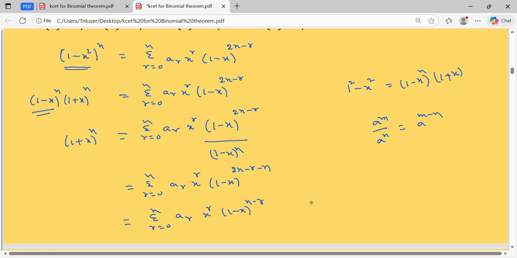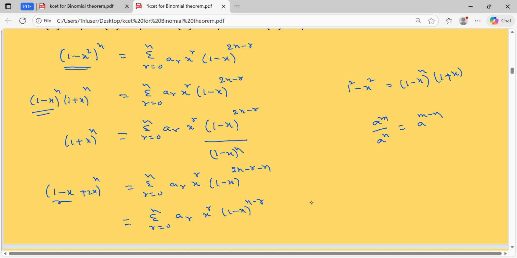Now LHS can be written as (1 plus 1 minus x plus 2x) whole power n. See, this 1 minus x plus 2x becomes plus x only. So 1 plus x can also be written as 1 minus x plus 2x. Next, expand this by using the binomial theorem.